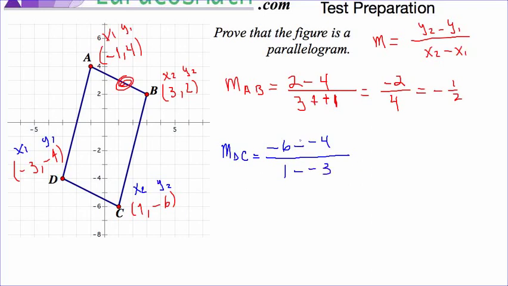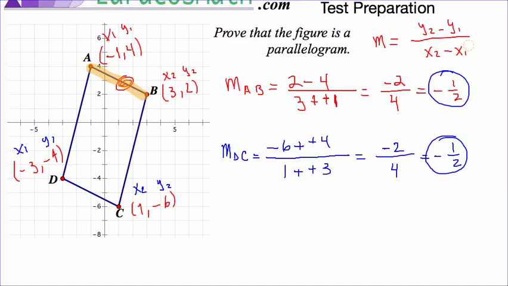So you make this positive. Negative times negative is positive. So now what you have is -6 plus 4, that's -2. 1 plus 3, that's 4. So this is -1/2 again. So this slope and this slope are the same.